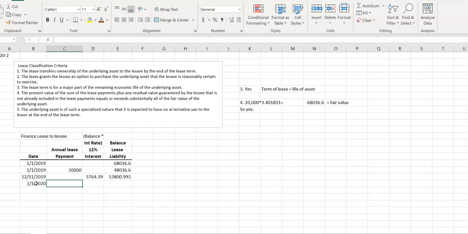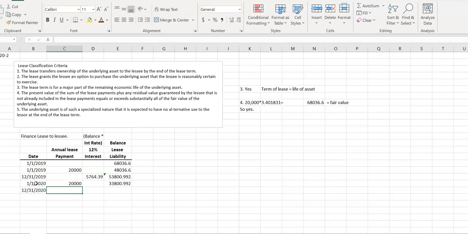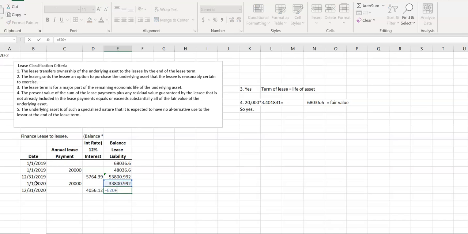Okay. Then it's 1/1/2020. I make a $20,000 payment. That comes off of the balance, so 53 minus the 20. Then at 12/31/2020, I have interest again. So it's my balance times the 12%. And I add that to it.